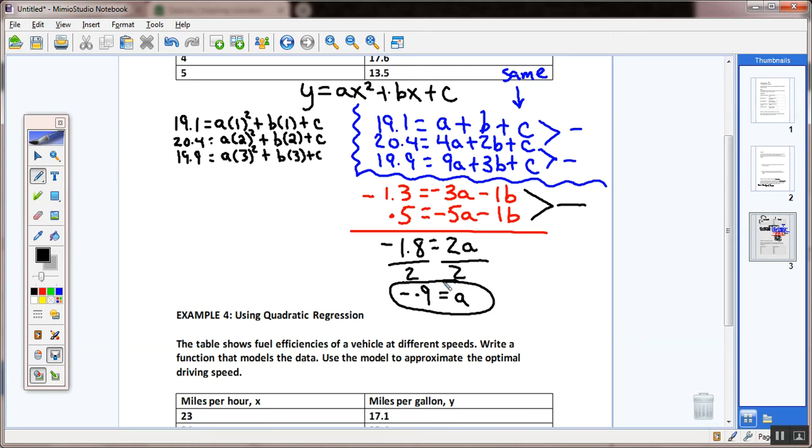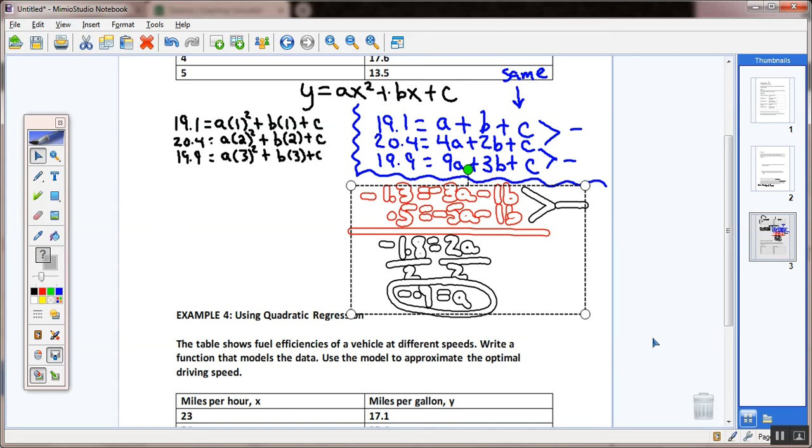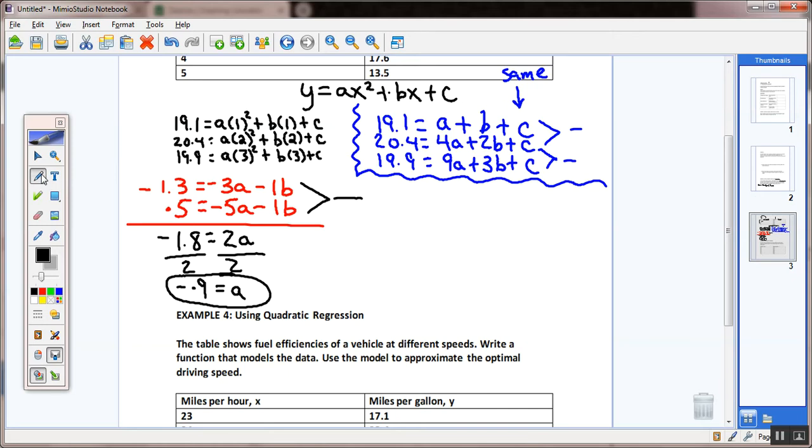What other variables do I need to solve for now, kids? B and C. Okay, so I'm going to move this work over to the left here. Kids, if I work backwards into one of these equations, I'm going to take this a and plug it in right up here now. So I'm going to use the top one. Is that okay, kids?